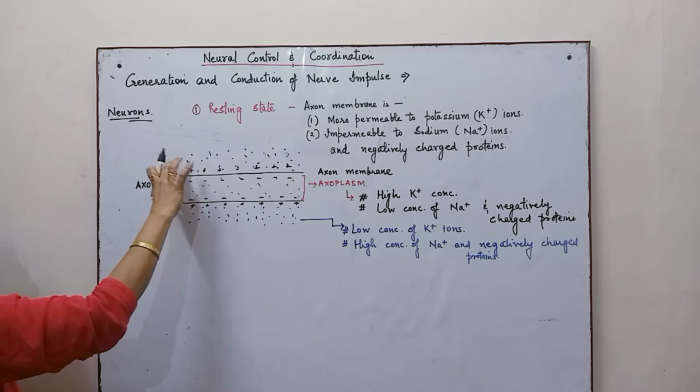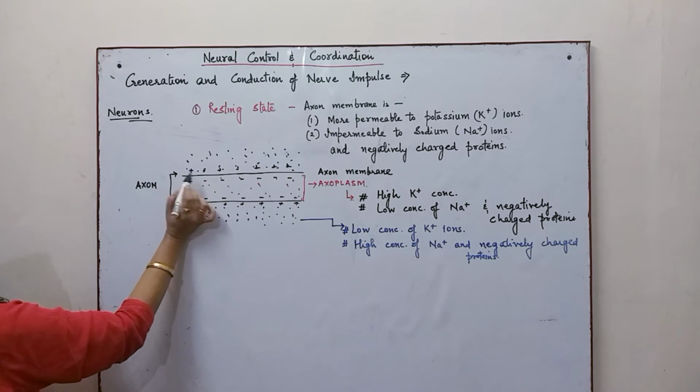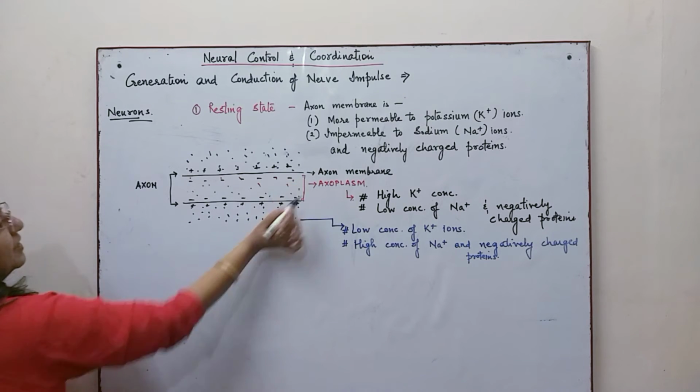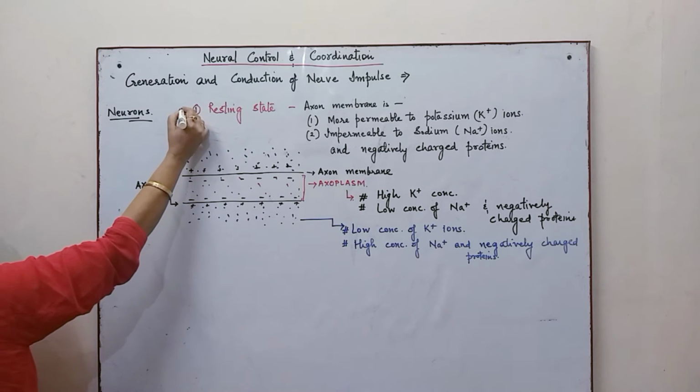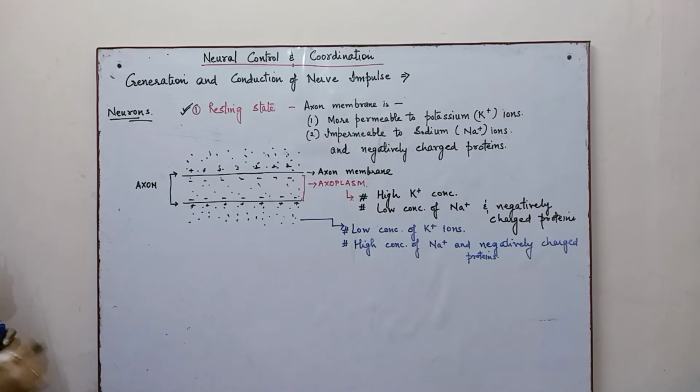The axon has the axon membrane, which is marked over here, and during the resting stage this membrane is more permeable to potassium ions.